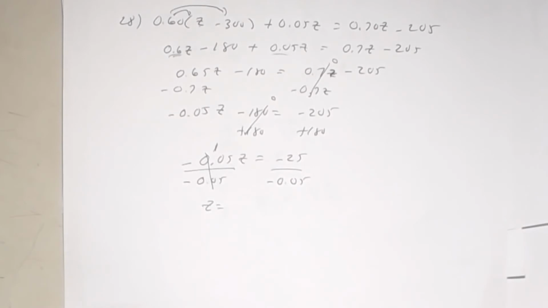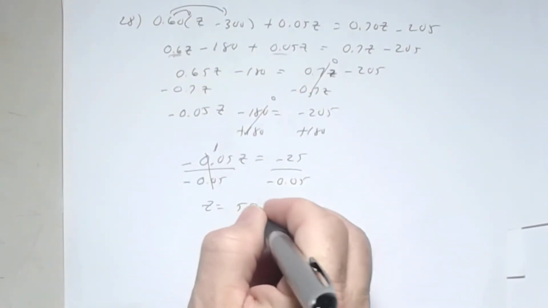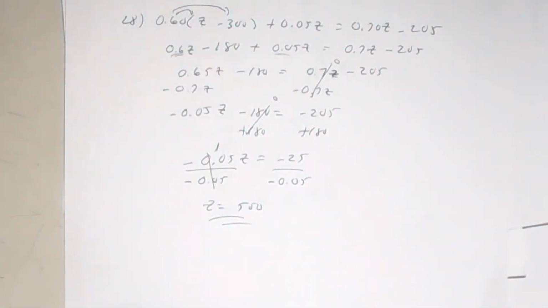Is it 500? Yeah, because a negative divided by a negative will be a positive, so it has to be a positive number. So 500? That's your solution. So you do it the same way you did the previous worksheet with decimals. You use a calculator. All right.